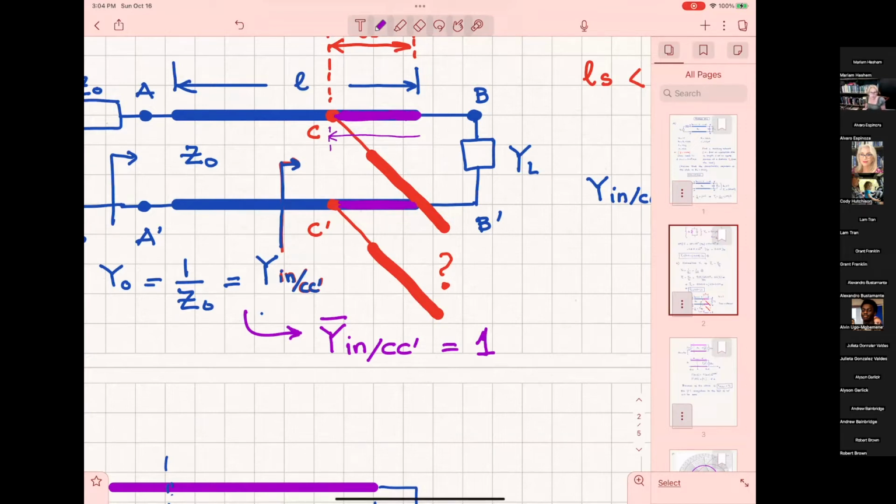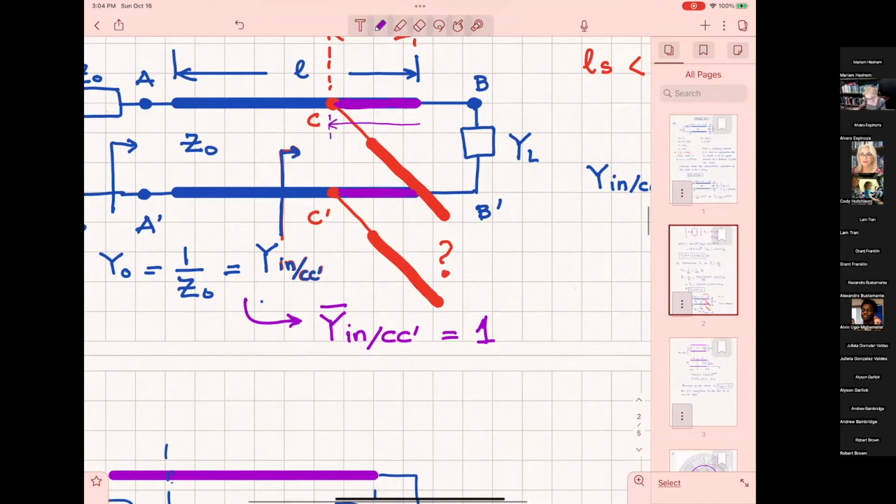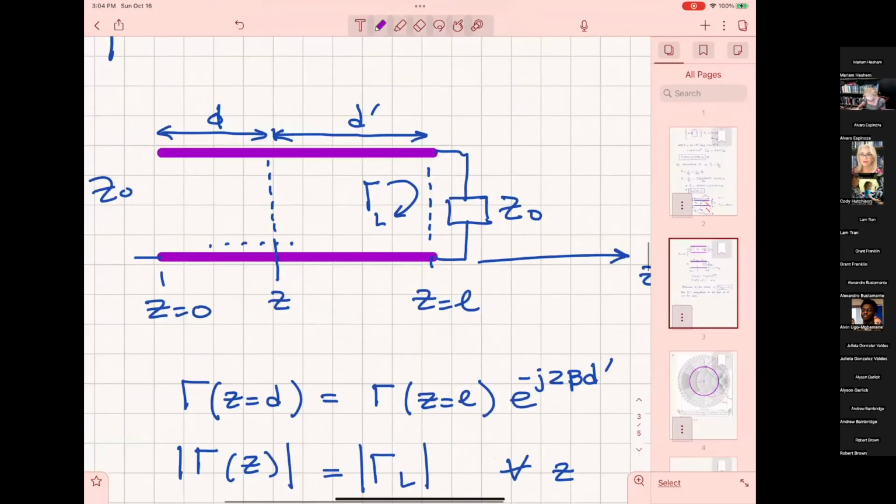So that's the question: where is going to be my point to stop? Now, how are we going to do that?